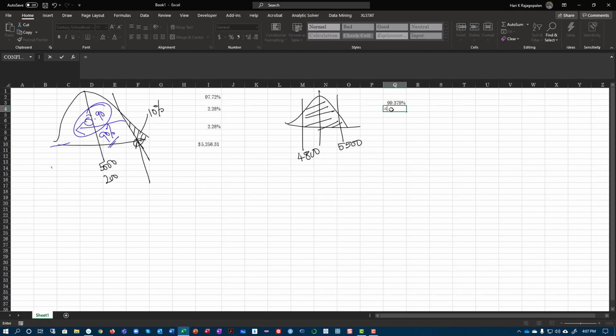And then you're going to do the same thing for 4,800. And mean is 5,000. Standard deviation is 200. And this is true. And so you have 15%. And if you subtract the two, that gives you the area between the two lines.